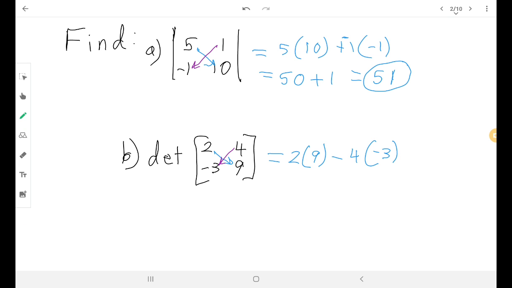Again, I'm going to change the minus here to a plus negative. Helps me keep track of what's negative and what's positive. And 2 times 9 is 18, plus -4 times -3 is +12, which gives me a determinant of 30.